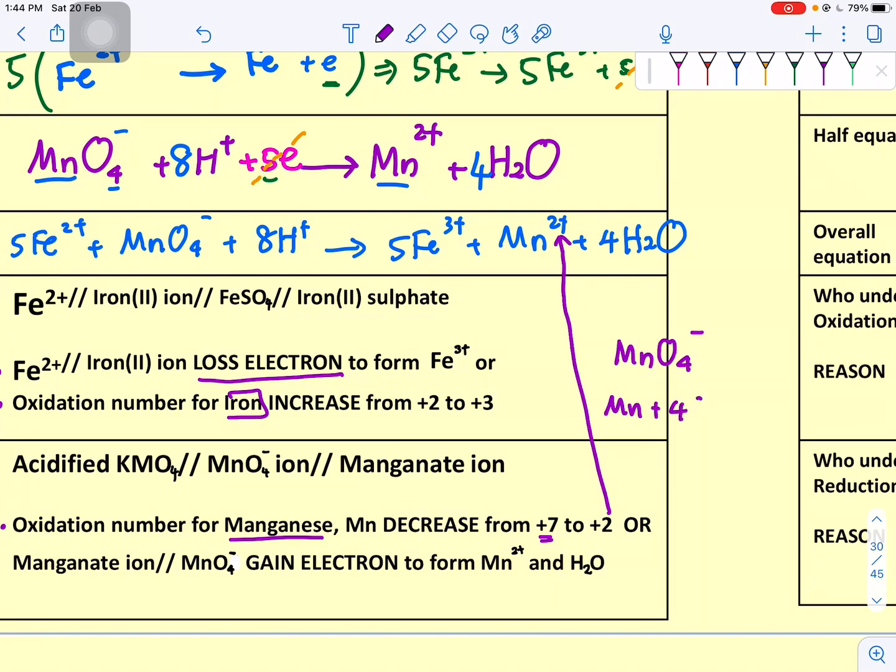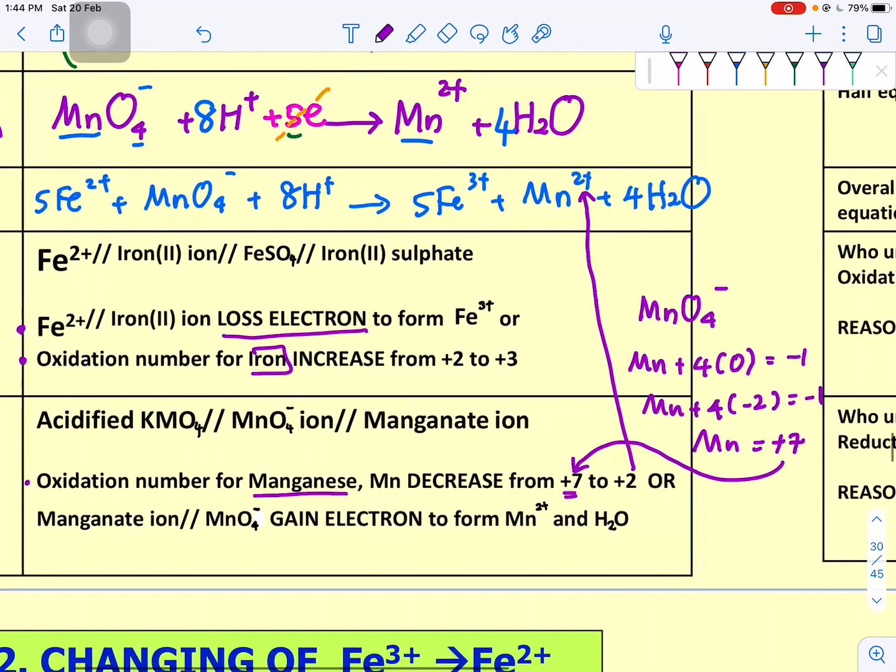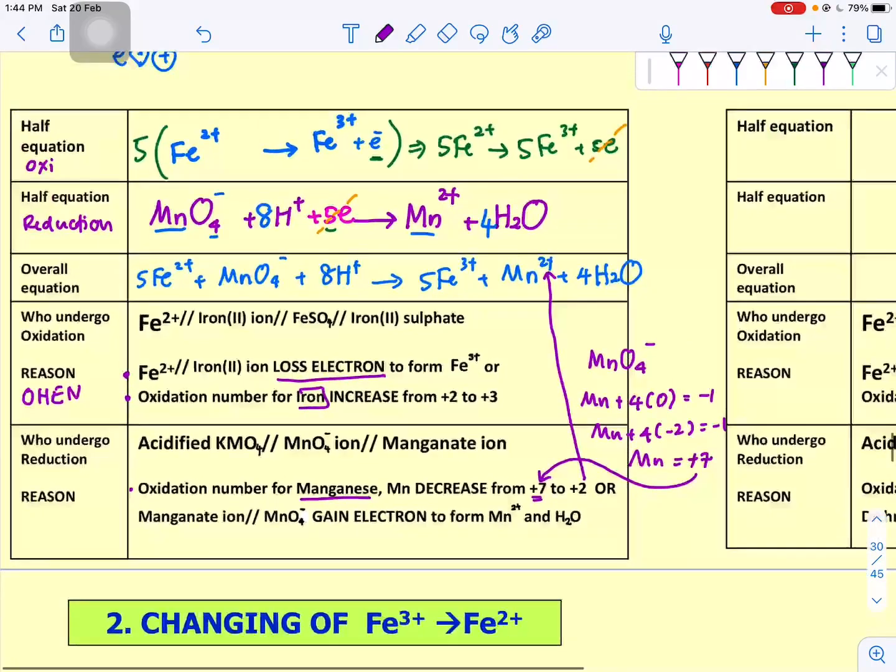So, Mn plus with 4O, the net charge is negative 1. So, Mn plus with 4 times negative 2 equal to negative 1. So, what we get, Mn is positive 7. That is why the oxidation number daripada positive 7 dalam manganate bertukar menjadi positive 2. Or we can say because manganate gain electron to form manganese ion and water.